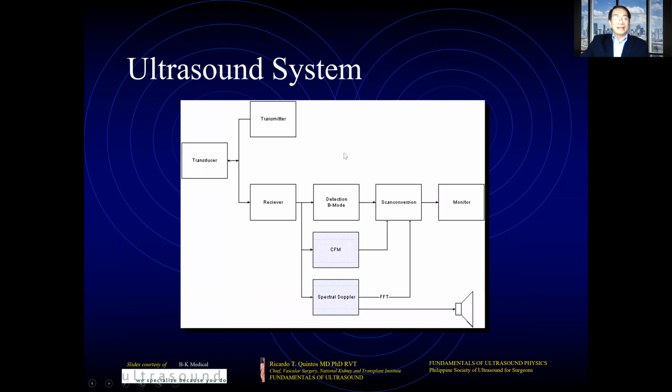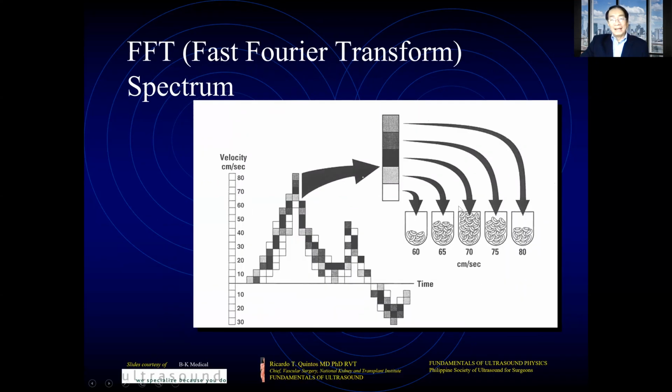So this is, again, the ultrasound system. Transducer, transmitter, receiver, detection, beam mode, scan conversion to the monitor. And these different frequencies by the different Dopplers are picked up and plotted along the waveform. And using the principle of fast Fourier transform, we now come up with a waveform that is actually a demonstration of the different frequencies and the velocities detected by the transducer.